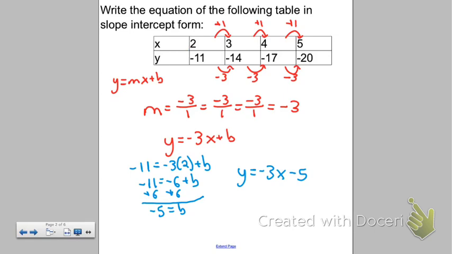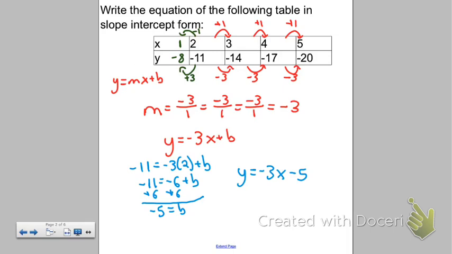The other way I can find my y-intercept is by using my table. Even though I do not have x is 0 in my table, I can work my way backwards. If moving to the right I add 1, moving to the left means I'm going to subtract 1. So that would be 1. Here, it's the same thing. Moving to the right, I'm subtracting 3, so I'm going to do the opposite and add 3. Negative 11 plus 3 is negative 8.